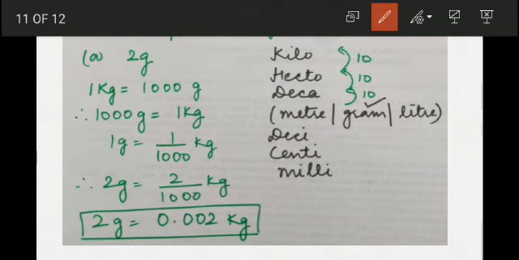And how many steps are we moving forward? Grams to deca 1, deca to hecto 2, and hecto to kilo 3. That means we have the relationship of 1 kg is equal to 1000 grams. So while converting grams into kgs, we are going to divide it by 1000. So 2 grams is equal to 0.002 kilograms.